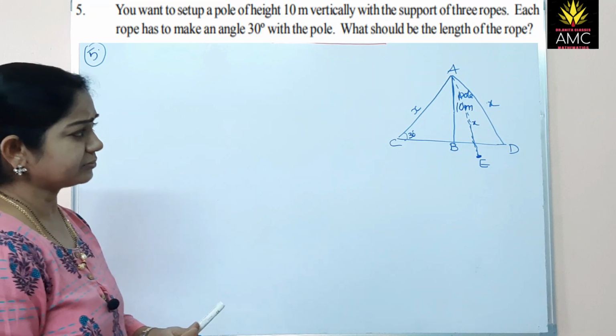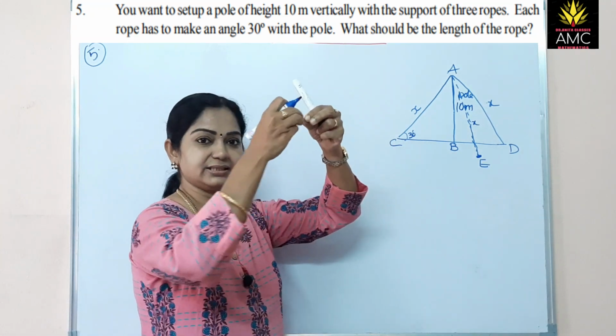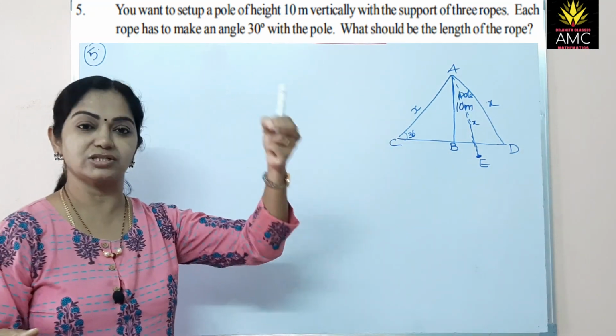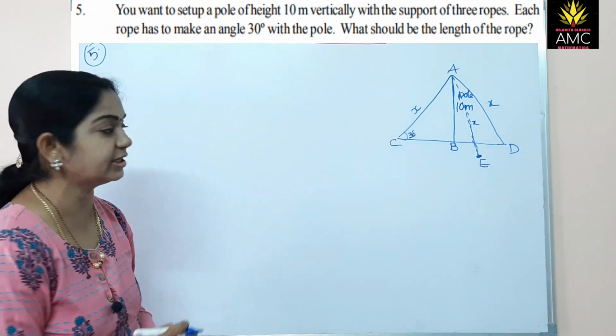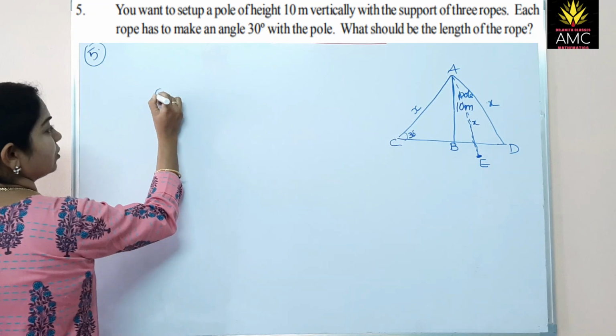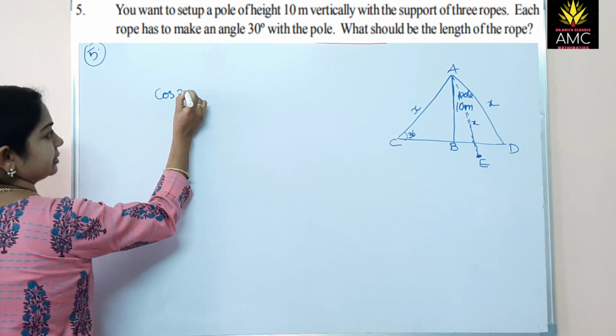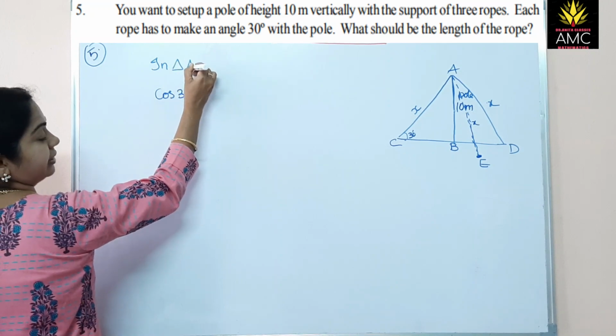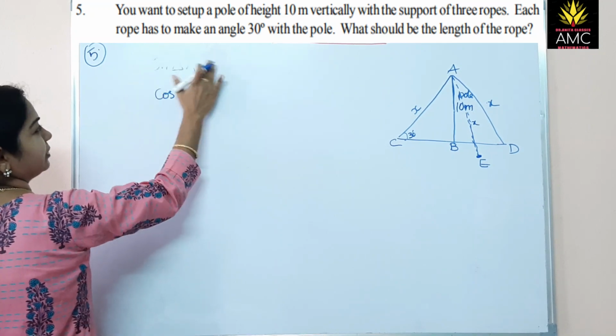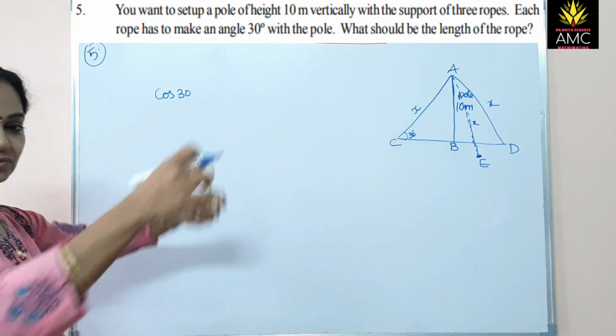If you take a cos value, just see, cos 30 degrees. We cannot write it in a triangle because we are just visualizing it.